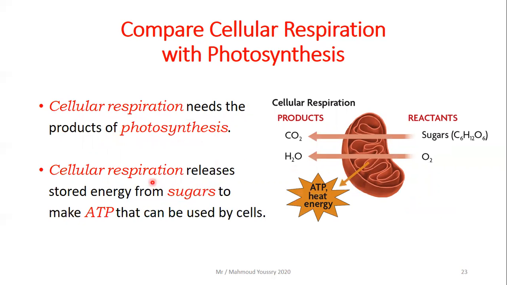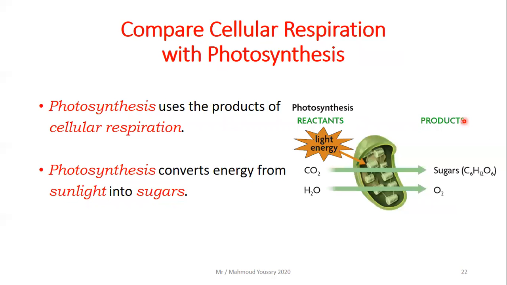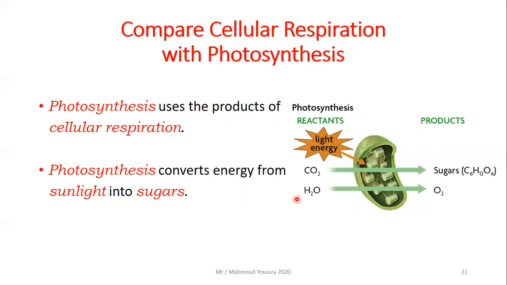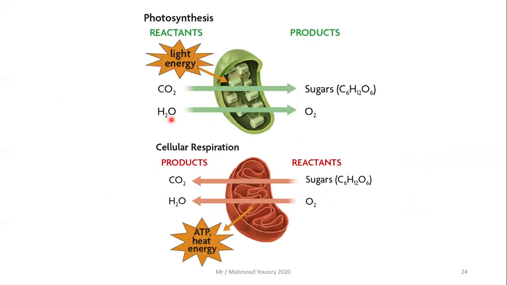Cellular respiration releases stored energy from sugars to make ATP that can be used by cells. Here we have the reactants, which were the products of the previous one, sugars and oxygen. And the products of cellular respiration are the reactants of photosynthesis. So this is the same, just the direction of the reaction.